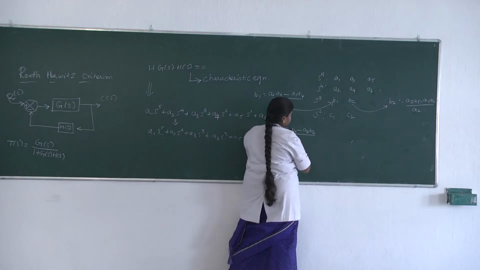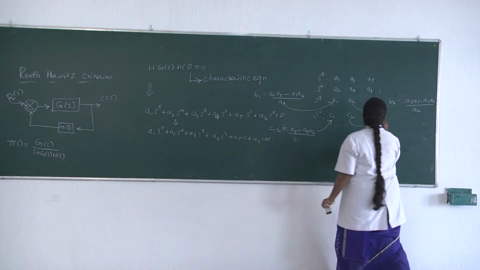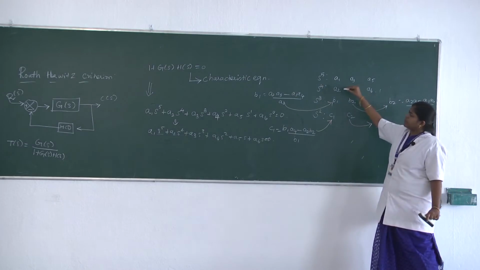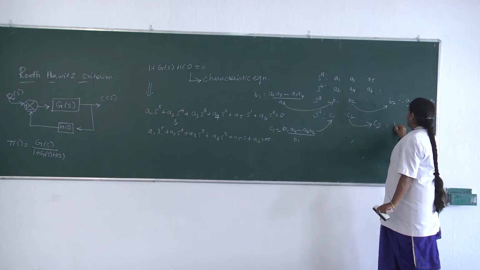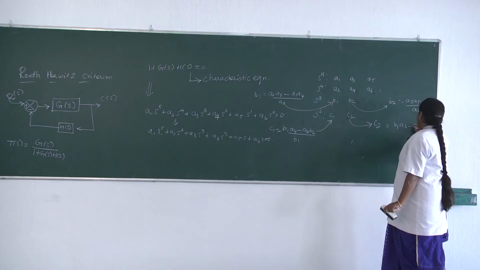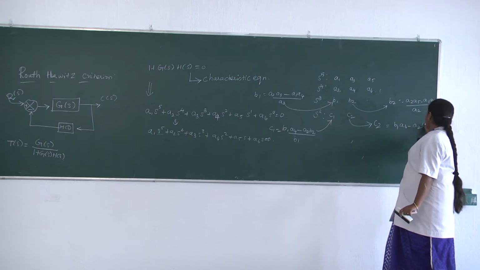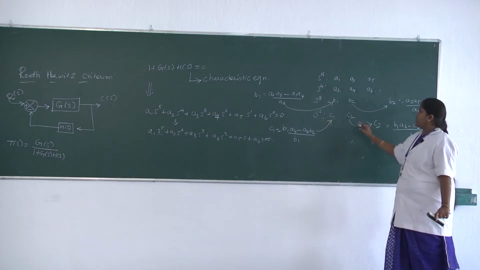This is the element for c1, and the next element c2 is given in the same way as b1 into a6 minus a2 into 0, since there is no element we are considering it as 0, divided by b1. This is the element c2.